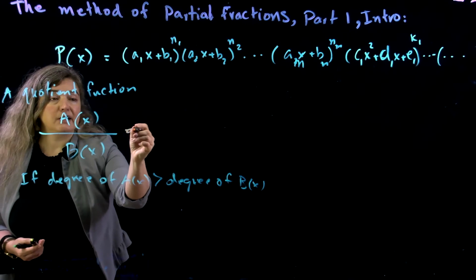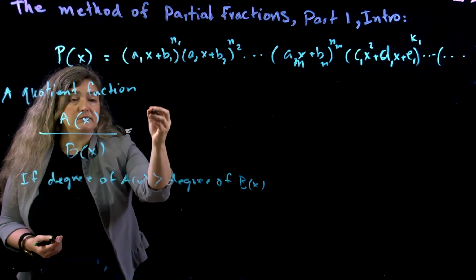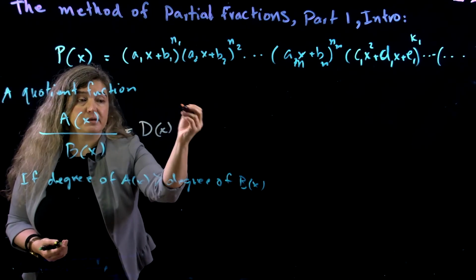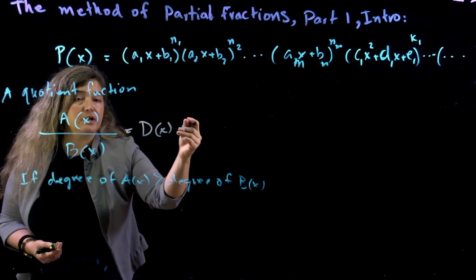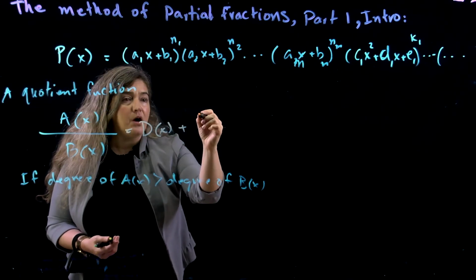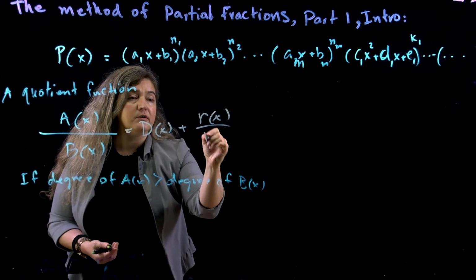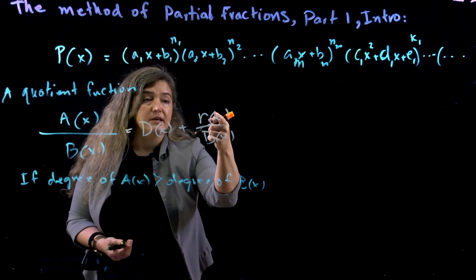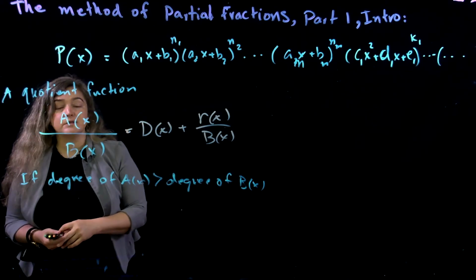You can write it as d of x, which is a polynomial, plus r of x over b of x, and these two are polynomials as well.